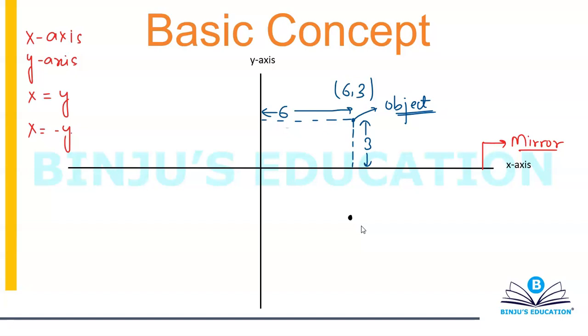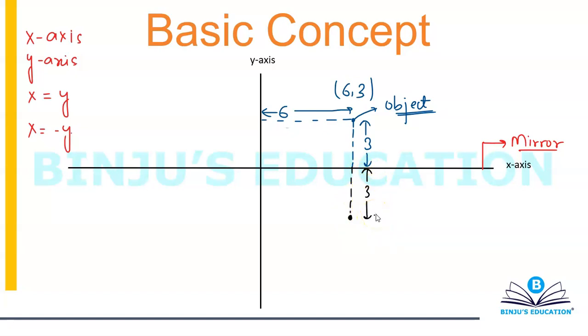And the distance between the mirror and the object will also be equal to distance between the image and the mirror, which means this distance will also be equal to 3 units.